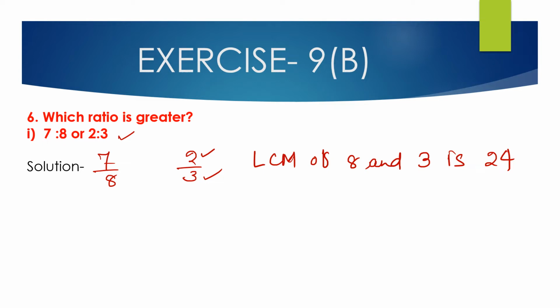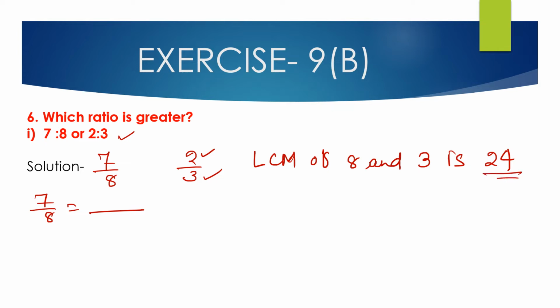Now we have to convert these ratios into equivalent ratios, that is, multiplying the same number in both the numerator and denominator. That ratio is called the equivalent ratio of the given ratio. So 7 divided by 8. Which number do we have to multiply the consequent 8 by to get the LCM 24?